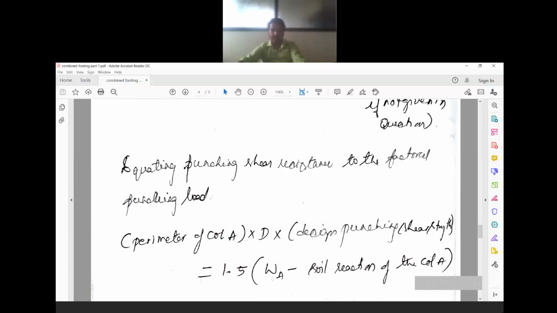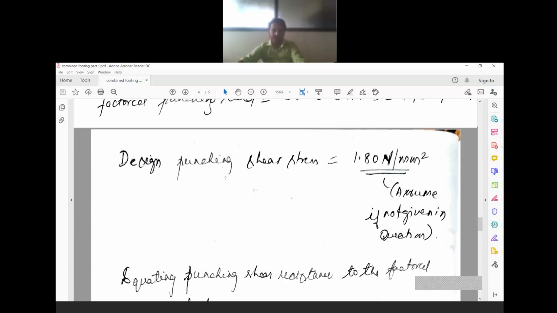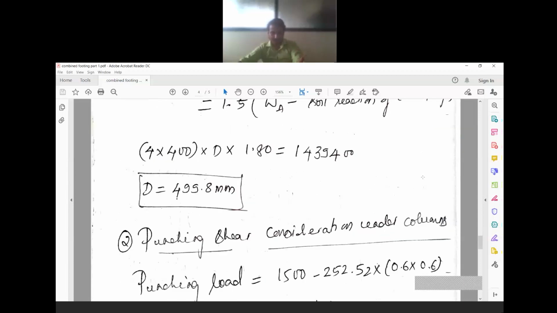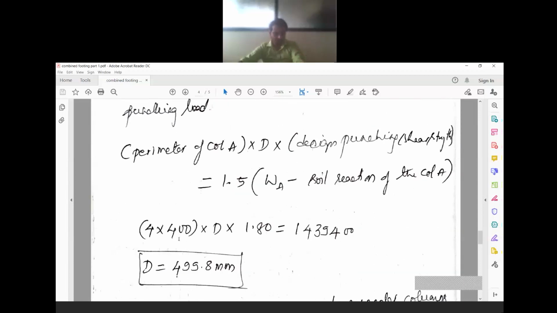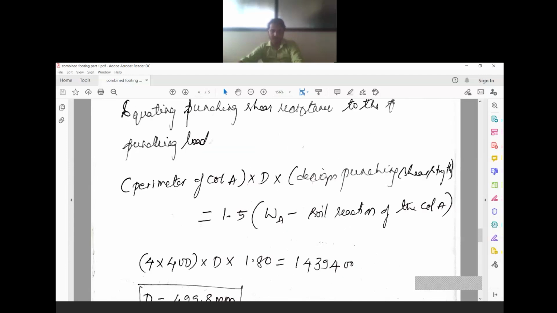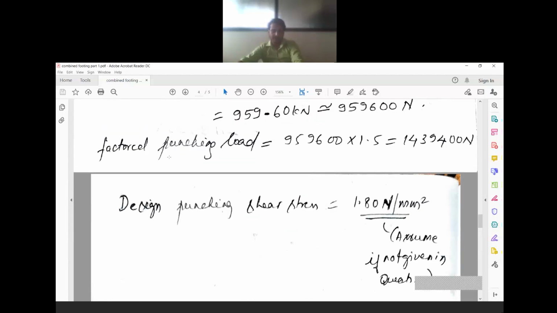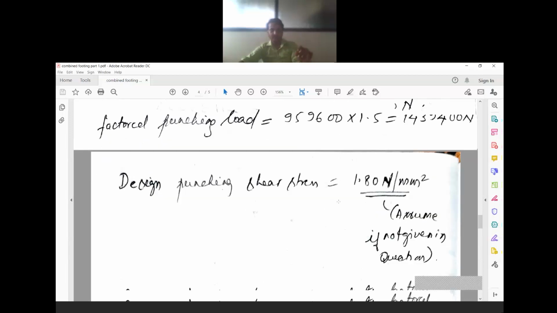Okay? Perimeter of column A, 4 into 400 mm, into D, into 1.8 is equal to the factored punching load. Why mm here? Because the design punching shear stress is in terms of Newton per mm square. If Newton and mm are there, the limiting value will always be in mm. So you have to convert all the other values into Newtons and mm. You should be careful here. So 4 into 400, which is in mm, into D, into 1.8 is equal to the factored punching load 1439 kilonewton, converted to Newton, which you calculated earlier.